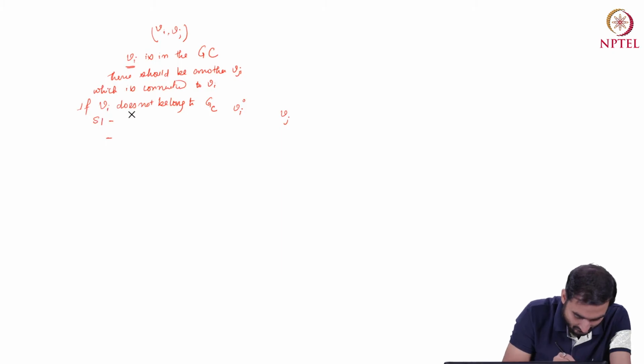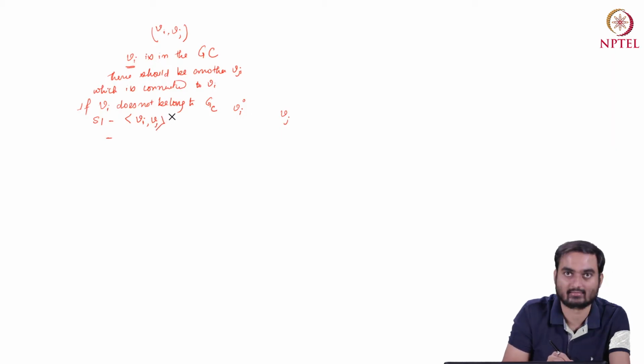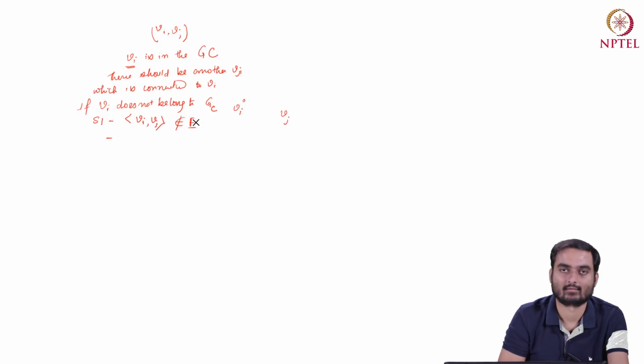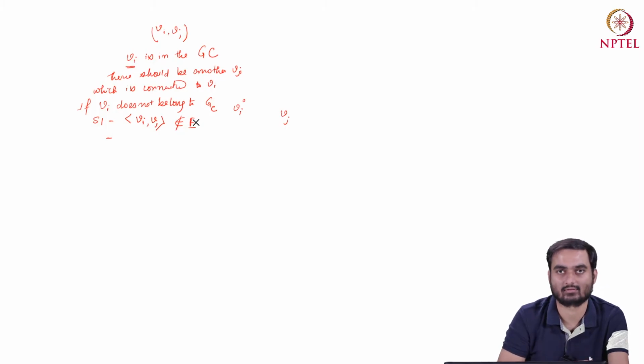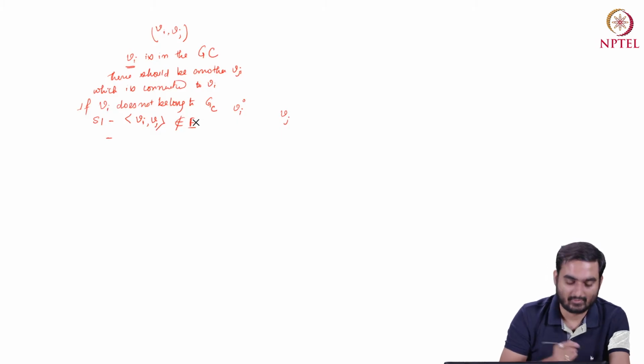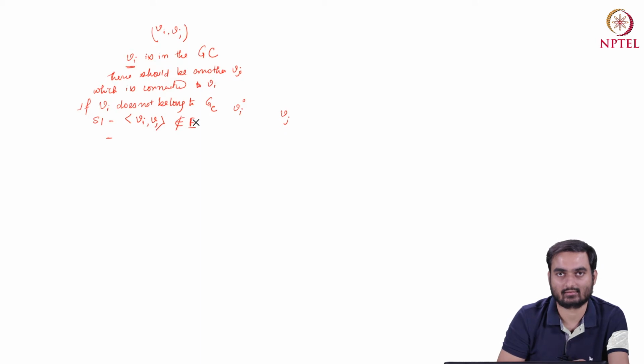Scenario 1 is that the edge ViVj does not exist, so it is not a part of E. Because if Vj is part of the giant component and this edge exists, then Vi will also be part of the giant component. If Vi is not part of it, then Vi and Vj are not connected.